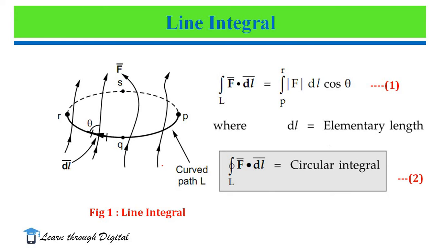Consider a vector field F vector. The curved path is from P to R. This is the point P. This is the curved path from P to R. This is called a path of integration and the corresponding integral can be defined as the line integral of F vector dot dl vector from P to R. The integration limit is from P to R, modulus of F vector dl cos theta, where dl is nothing but the differential length.